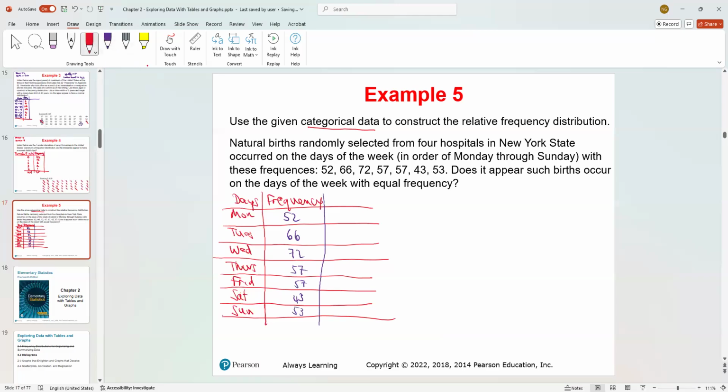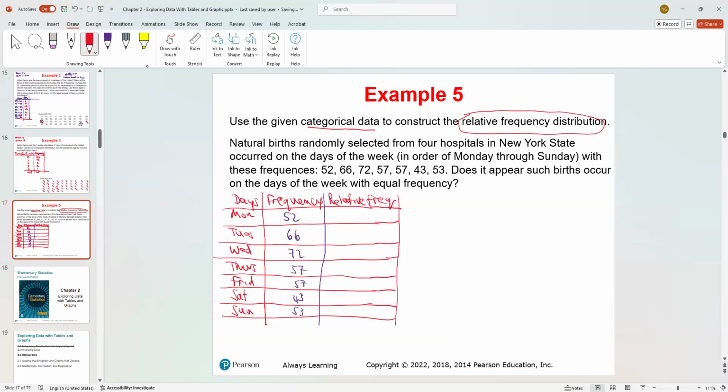But what they ask you to do is construct a relative frequency. Remember how to do relative frequency? We went over one example in the previous video. How to find a relative frequency? First of all, you make sure you add up all this data together.